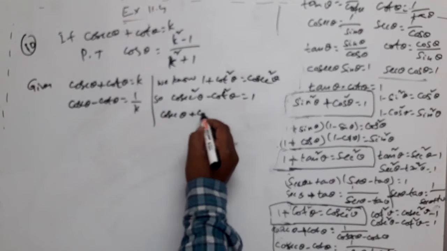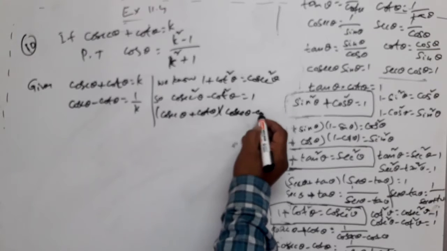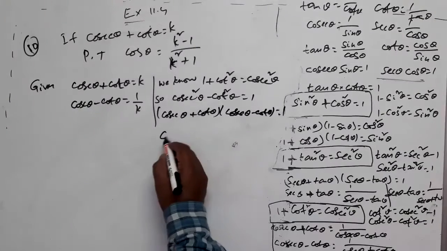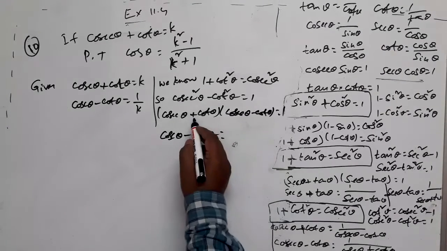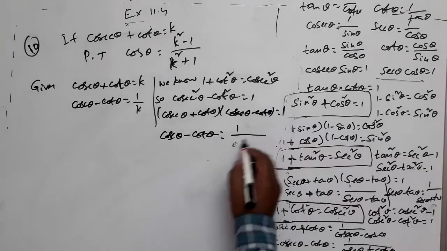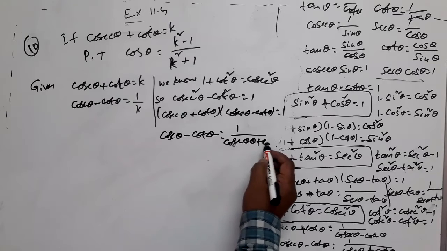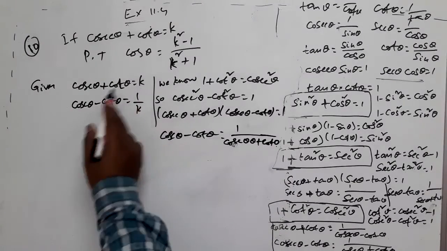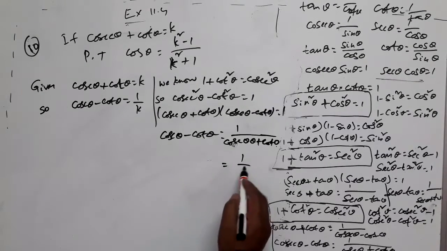So cosecant theta plus cot theta multiplied by cosecant theta minus cot theta is equal to 1. From that, I want cosecant theta minus cot theta, so I will take this term to the other side, it will go to the denominator, cosecant theta plus cot theta. Because this is k, given, this is 1 by k.